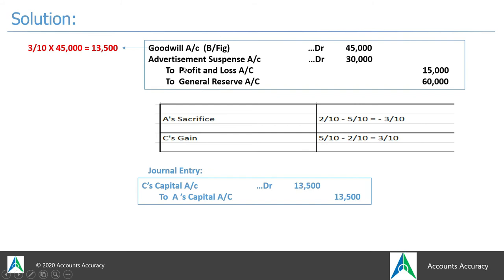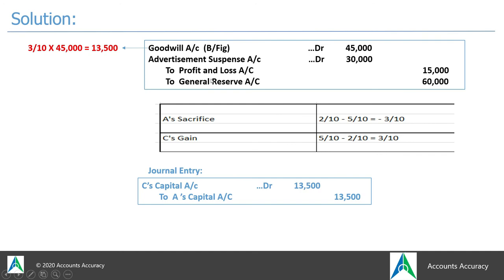Now here what we need to do, we have to debit assets and credit liabilities, and as nothing is written beside profit and loss account, whether it's a debit or credit balance, it will be considered as a liability, and we will credit profit and loss account and general reserve because both are liabilities.